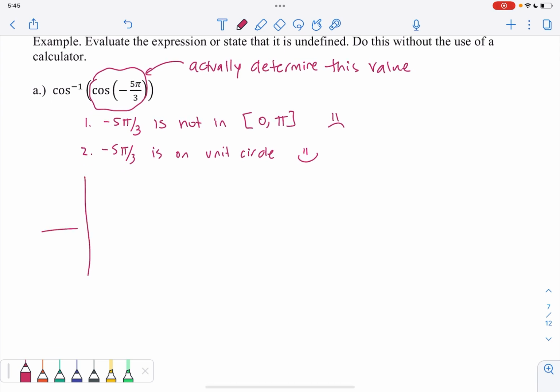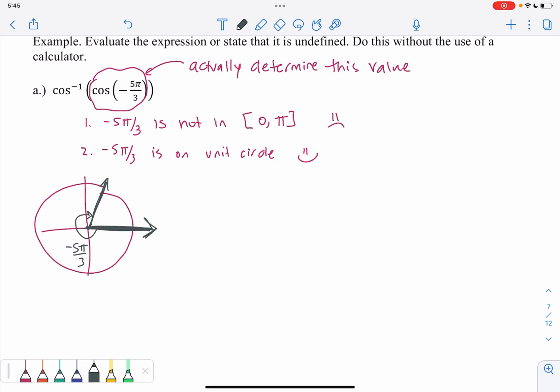So I have, boom, drawing my unit circle. I'm going, where's negative 5 pi over 3? Well, I got to start at the good old positive x-axis, but I have to go backwards, okay? And I know if I go all the way around, I get negative 2 pi or negative 6 pi over 3. I need to stop 1 pi over 3 short. So this would be negative 5 pi over 3.